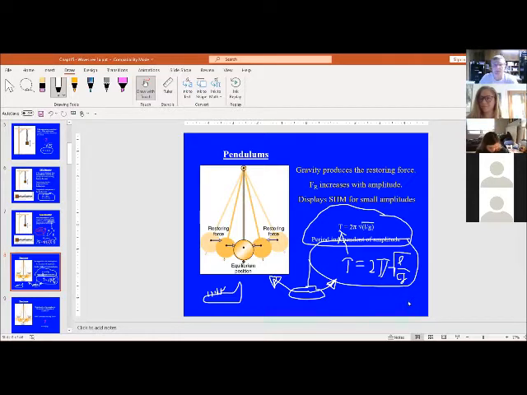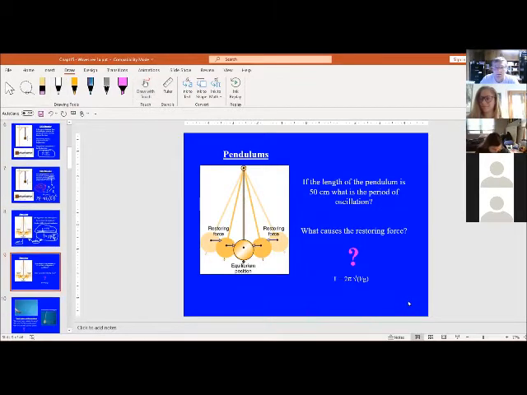All right. So the next slide is probably a question with this formula. Here we go. If the length of the pendulum is 50 centimeters, what is the period? Ready? How many seconds do you get?